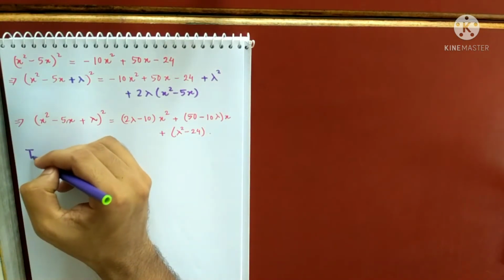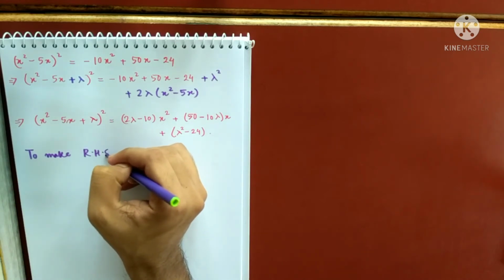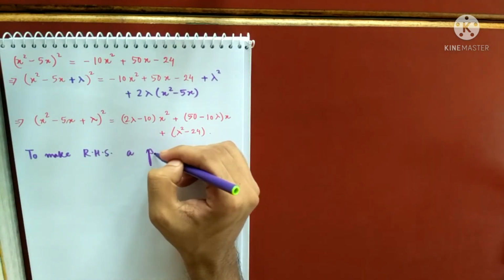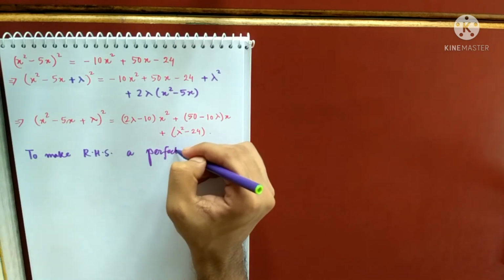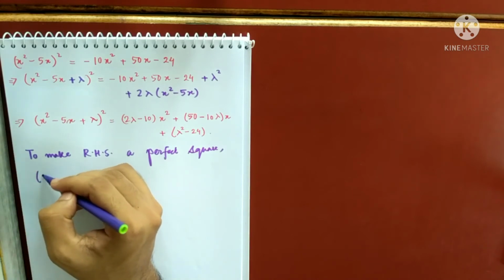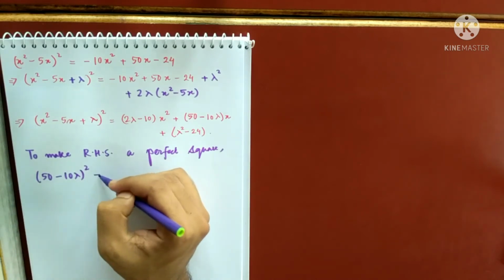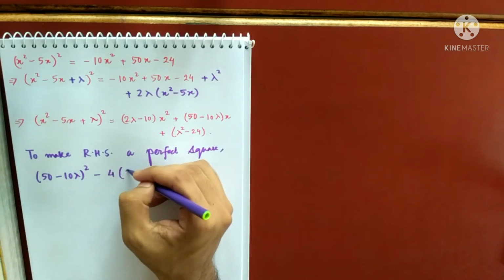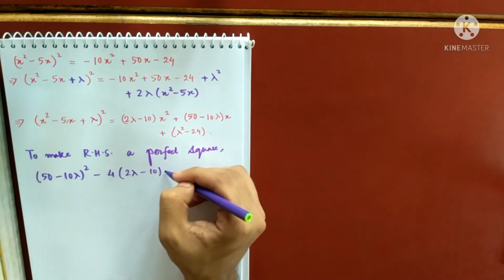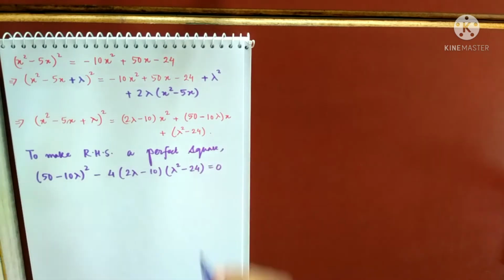So to make RHS a perfect square, b square, so this is b, 10, this b square minus 4ac, this must be equal to 0.